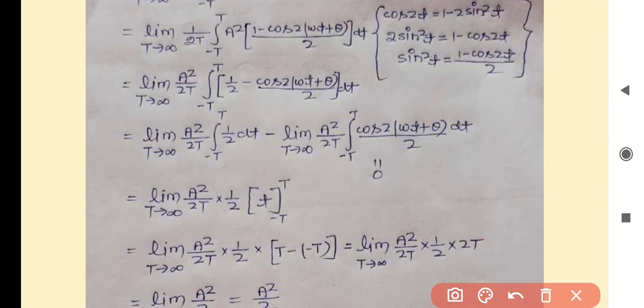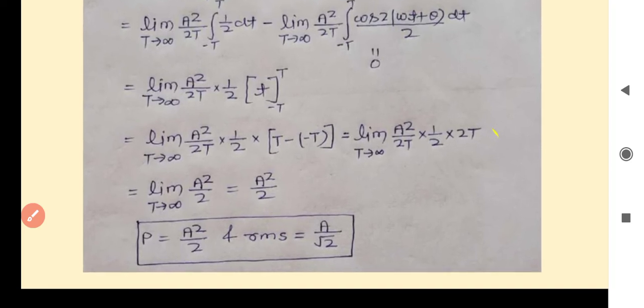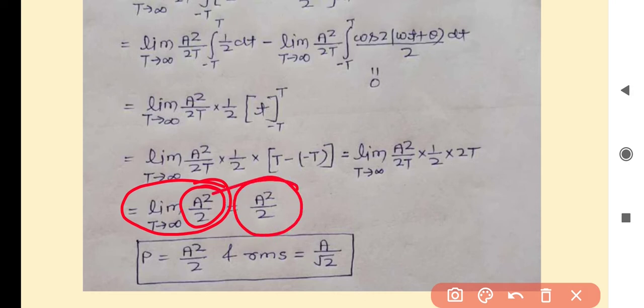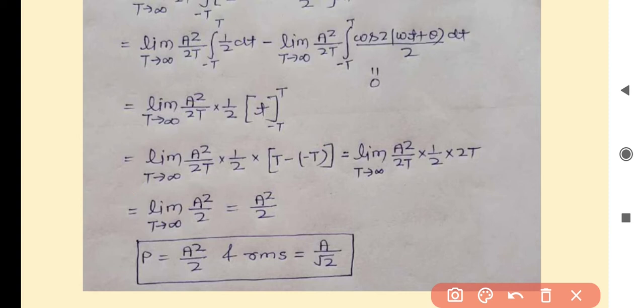The remaining is the limit t tends to infinity of a square by 2. Because t is not in this term, I can put the value of t as infinite, and this will become a square by 2.